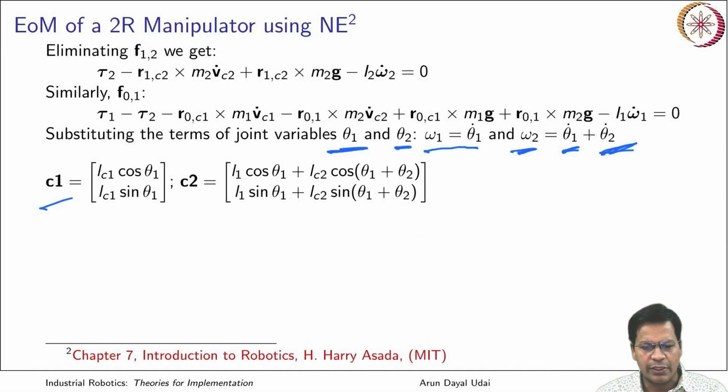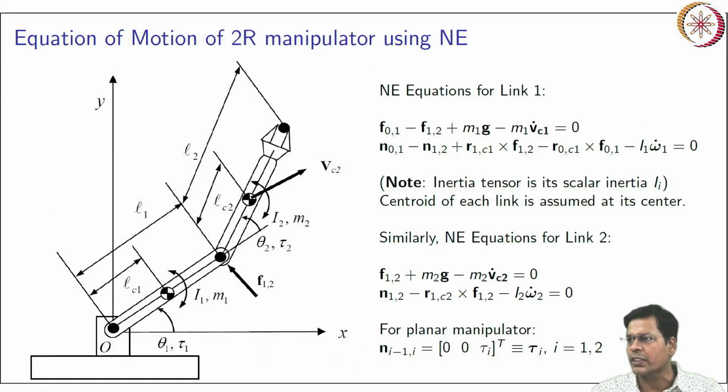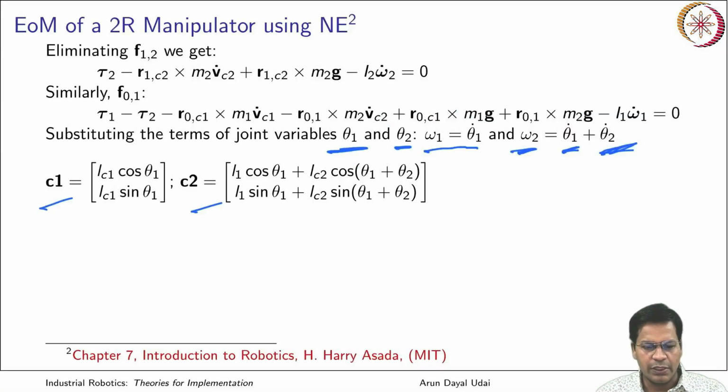Okay, and C1 and C2 are the locations of the center of mass with respect to the base frame, that is the zero frame. Let me just show you once again this figure. So it is this frame. It is about this frame, you see. So these are the two center of gravity locations for any angle theta 1 and theta 2.